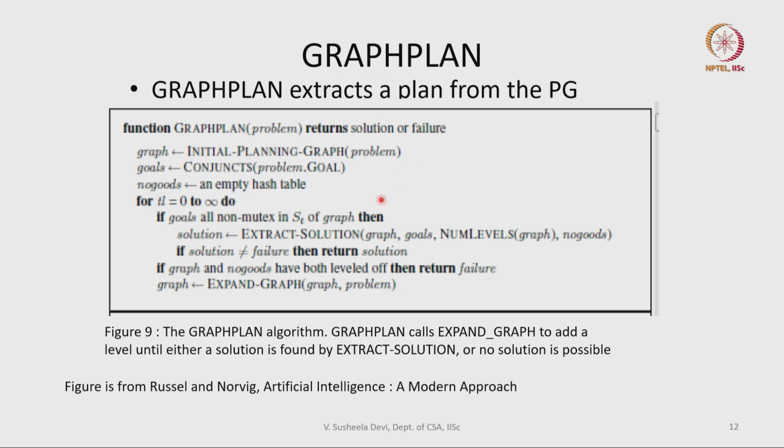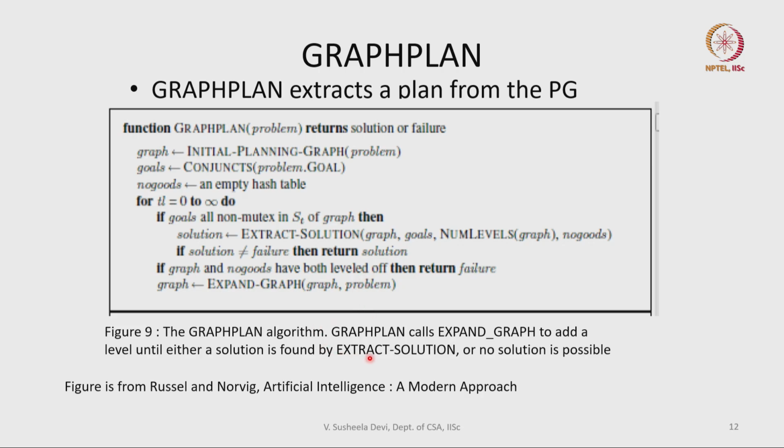So what you do is you use extract solution to find the solution, and we have all the goals that need to be reached. This is just an algorithmic procedure which can be done from the planning graph.